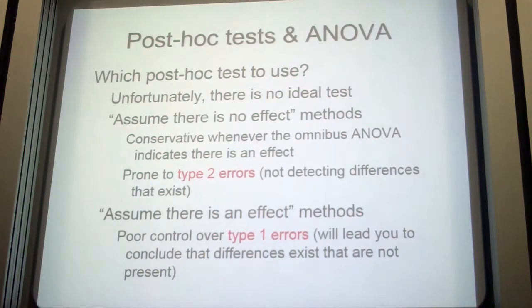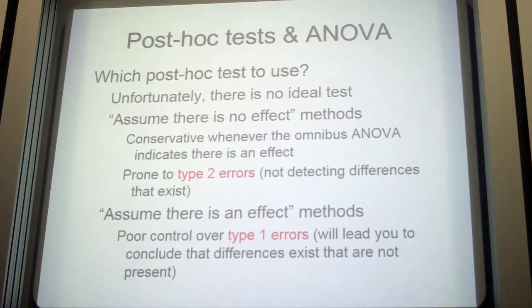when compared to assuming there is an effect, things like the PLSD, where we're not doing the appropriate correction for the number of comparisons. We're assuming that effects that we detect without doing that correction are significant. That's going to be prone to type 1 errors. You have to do those balancing acts.